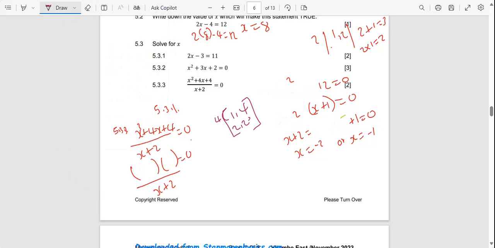It's 2 and 2, because 2 plus 2 is going to give me 4. And then x plus 2, x plus 2. Therefore my x is going to be negative 2, guys. That's it for today.